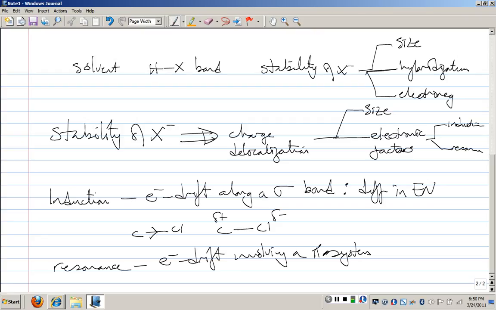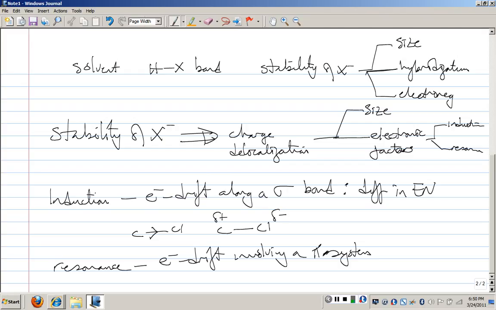I know it's effective because HI is a very strong acid compared to HF and certainly HCl and so on. So imagine that. HCl we call a very strong acid. HI is an even stronger acid than HCl, because HI has an iodine which is bigger than chlorine. So size is a very, very powerful factor in determining the strength of an acid.